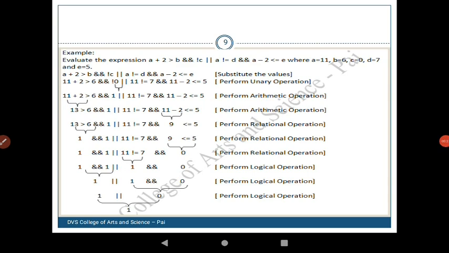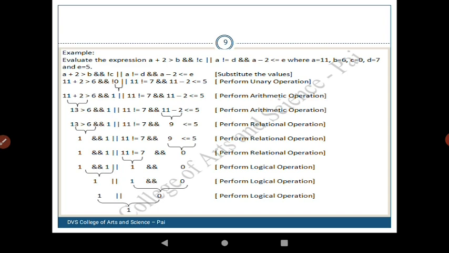Now perform arithmetic operation from left to right, and hence we will opt 11 plus 2 first. The result will be 13 greater than 6, logical and 1, logical or 11 not equal to 7, logical and 11 minus 2 less than or equal to 5. Now once again you need to perform arithmetic operation from left to right.